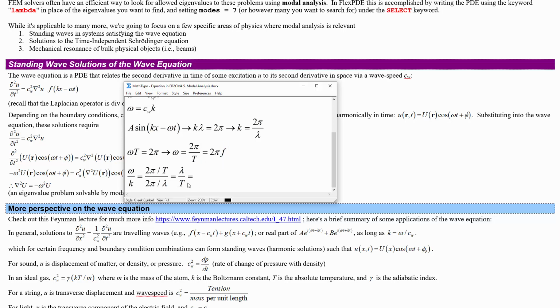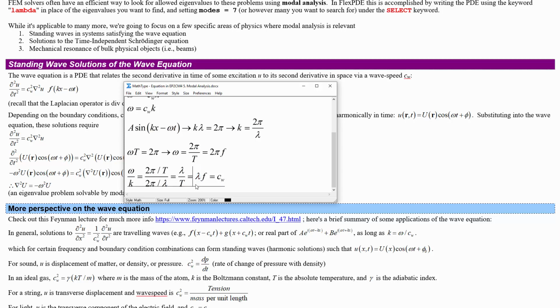So this means we could write this as lambda times f, and this has a physical meaning: you might remember that this is the speed of the wave. Let's think through it again. Lambda is how much space the wave covers in one cycle, the distance that it travels in one cycle.